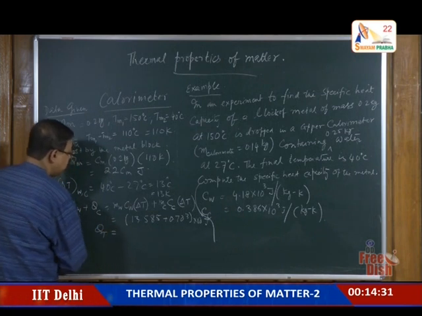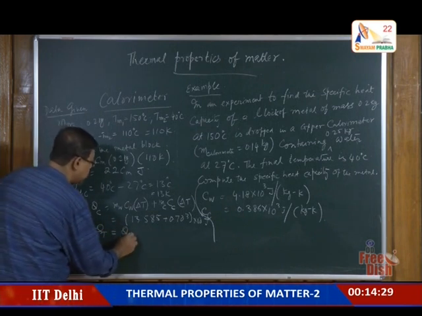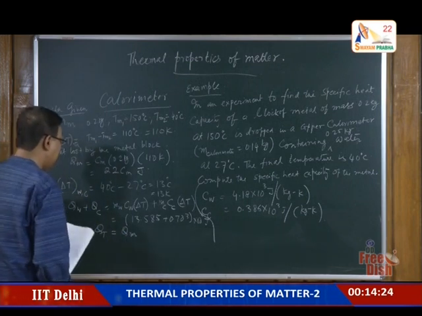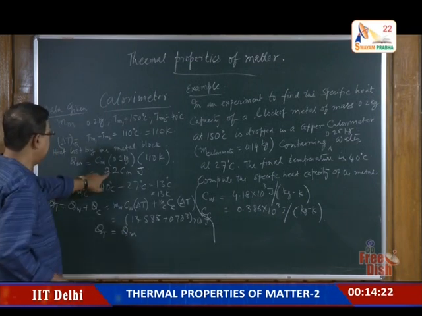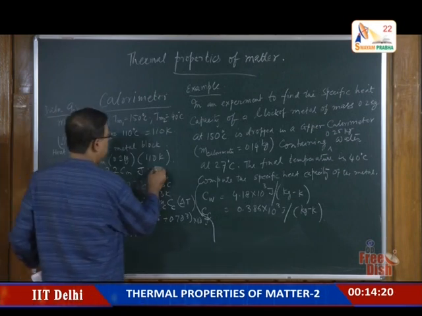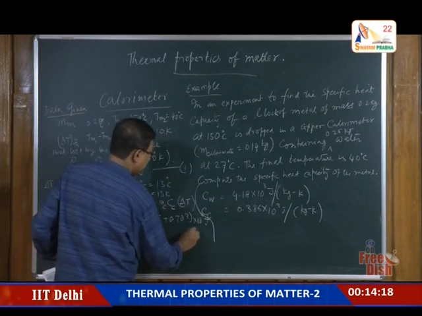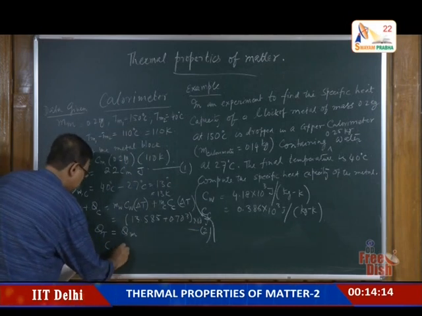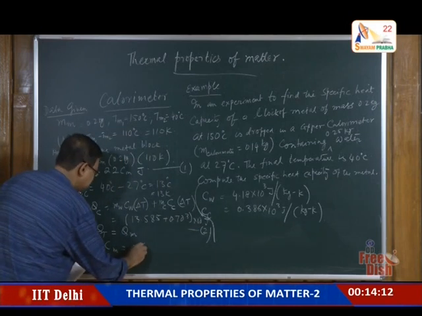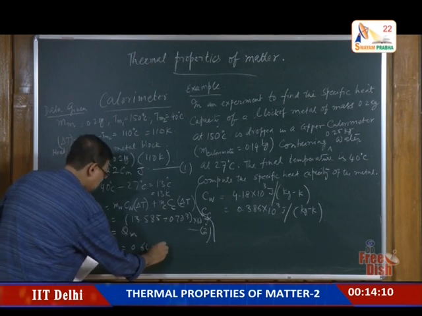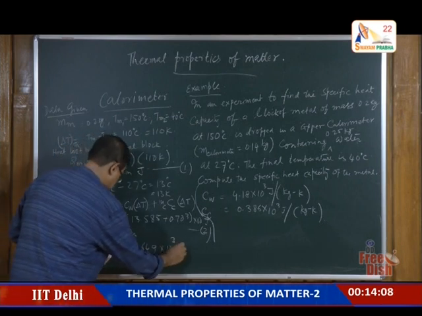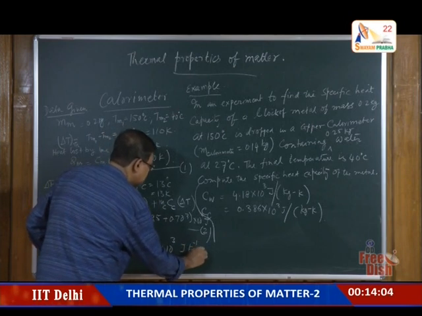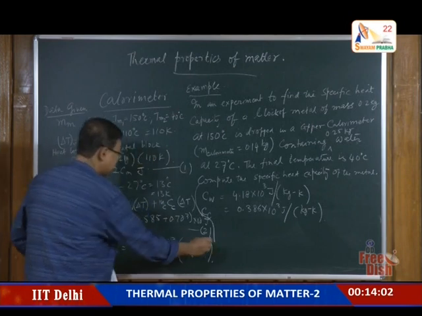According to the principle of calorimetry, Q total should be equal to Q metal, and if I equate equation 1 to equation 2, I will find Cm to be equal to 0.649 into 10 cube joule per kg inverse Kelvin inverse.